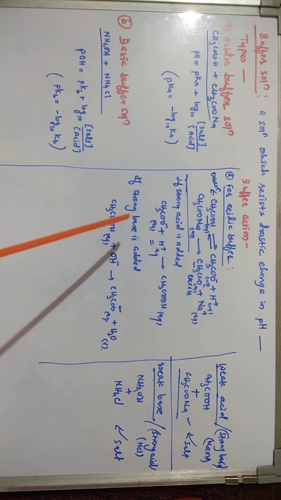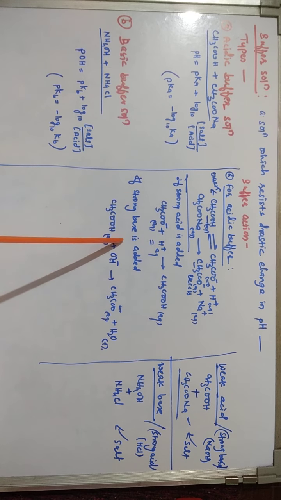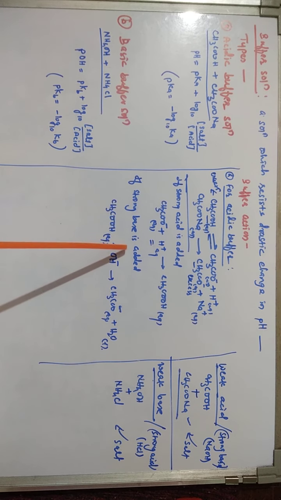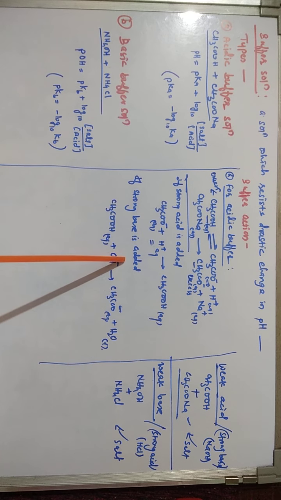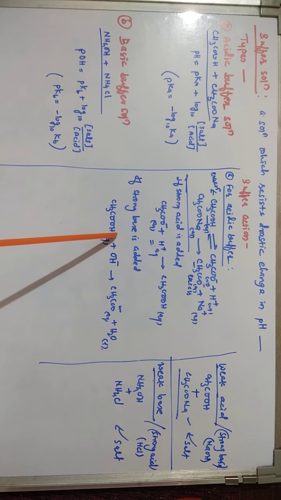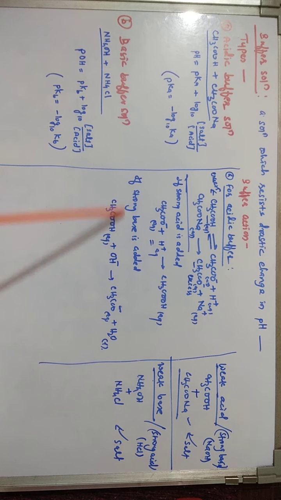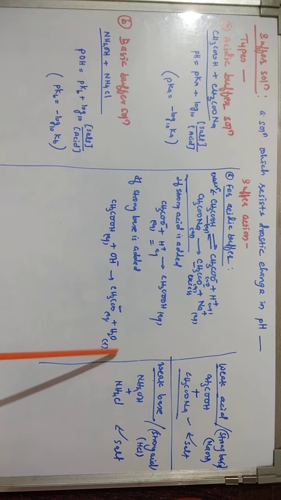Now let us see the addition of strong base. If a strong base is added to this solution, that means we are adding OH minus ions. The acidic buffer solution contains weak acid molecules. The OH minus ions react with these acid molecules to form CH3COO minus and H2O, neutral water molecules.